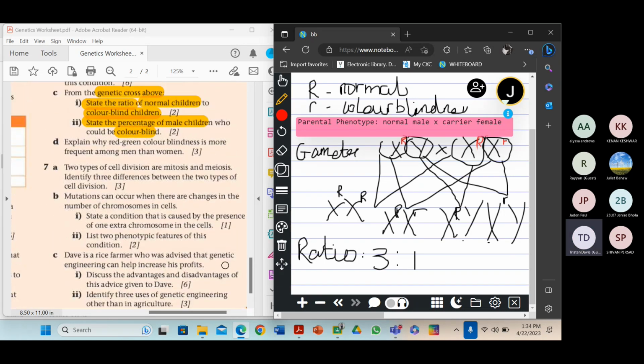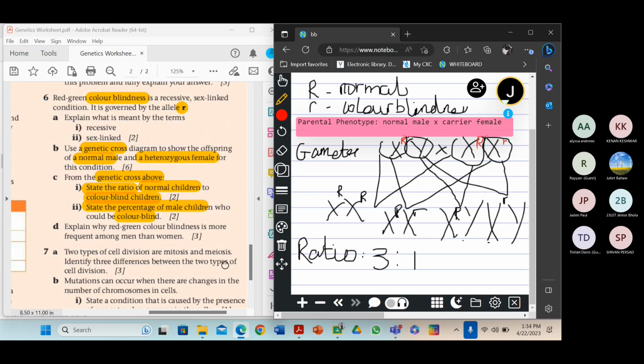Miss, like 33%. Look at the question. They say state the percentage of male children who could be colorblind. Aren't these two the males? Oh, yes, miss. So you're looking at the percentage between the two males now. One is normal, one is colorblind. So then what, 50% chance?